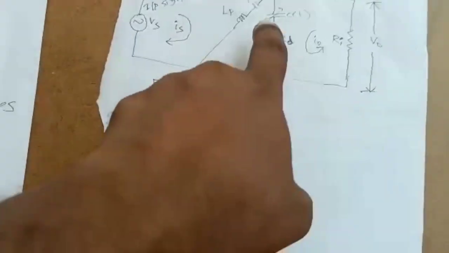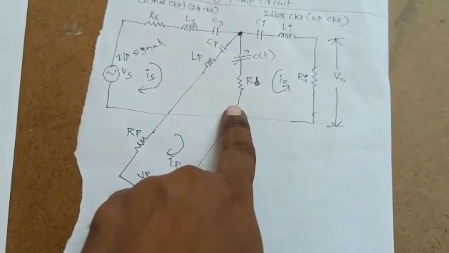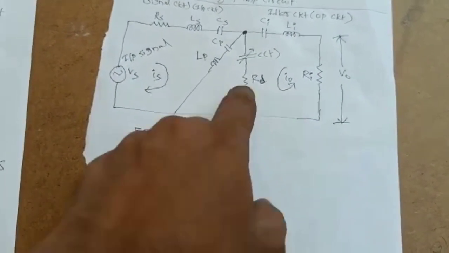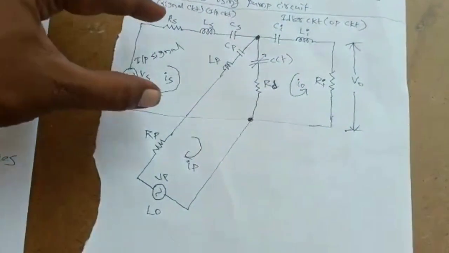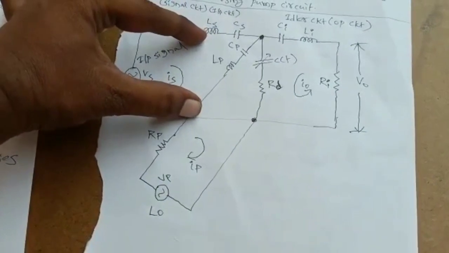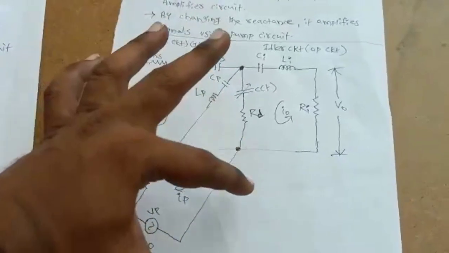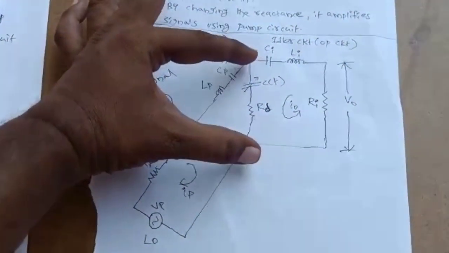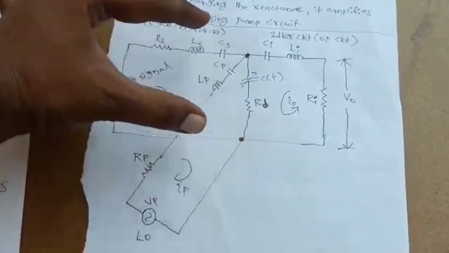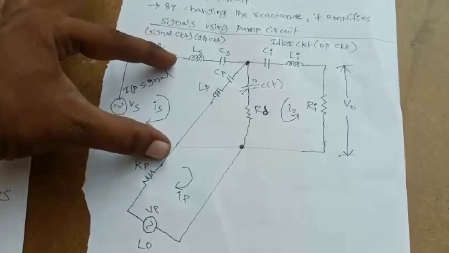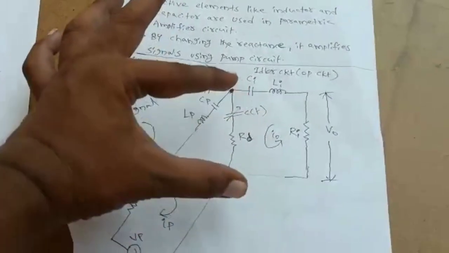This part is the main function of the parametric amplifier. To this parametric amplifier we are giving two inputs. One is the input signal frequency from this side, and the other is the pump signal frequency from the pump circuit.